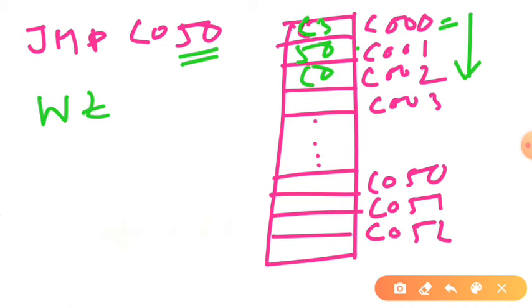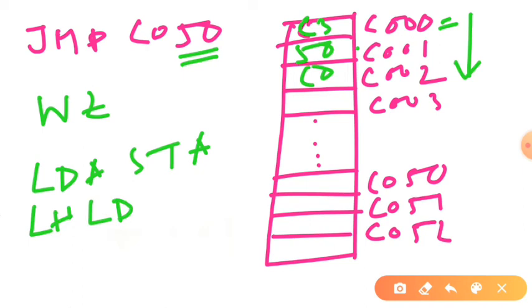Only some instructions of the 8085 microprocessor use this WZ register pair internally to store an address. In the LDA instruction, the STA instruction, and the LHLD instruction, this WZ register pair is used internally during execution to hold the 16-bit address.